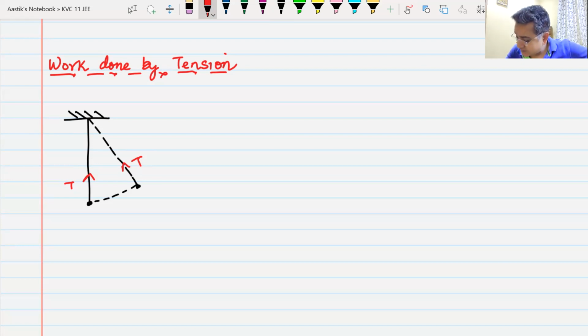What is the work done by tension? Block number A. It's a pendulum. I have a bob attached to a string and I move it. It moves like this. What is the work done by tension? And the answer would be 0. Why is it 0?